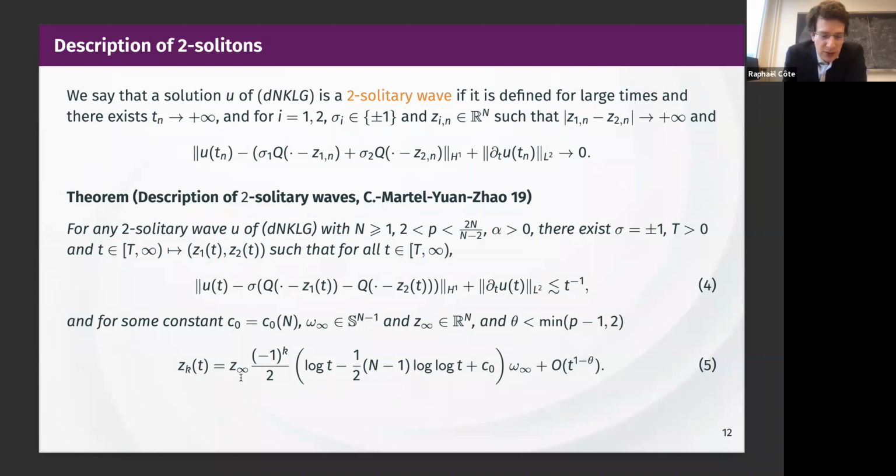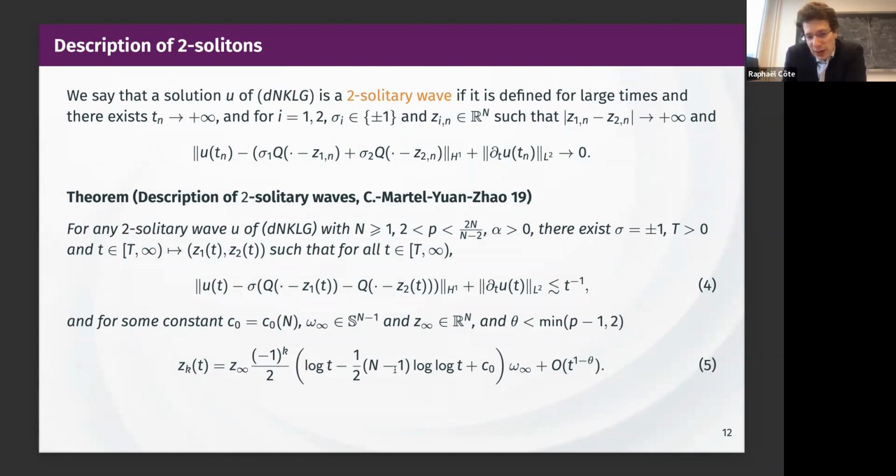So the center of mass of the whole solution is z infinity, and then at distance half log t on one side and half log t on the other side, with direction omega infinity, you have the other soliton. So they are at distance log t, and you have a correcting error in log t.